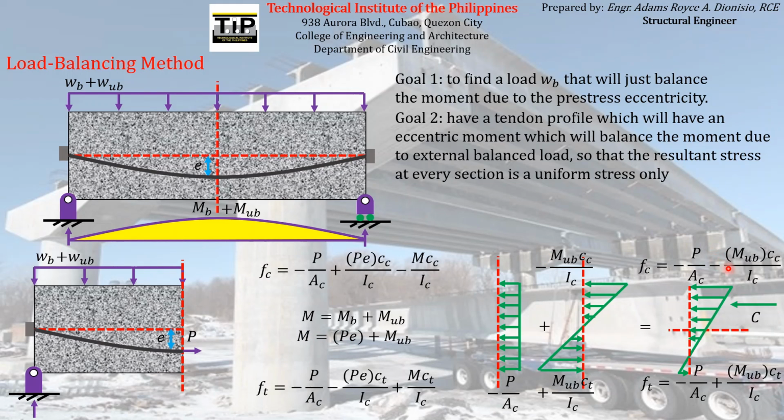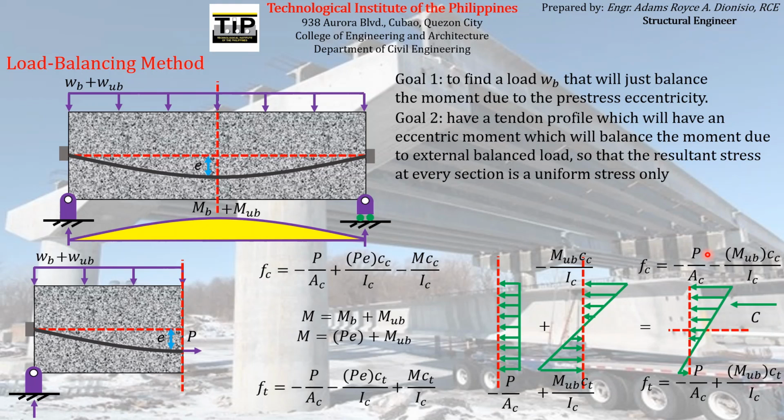With that, we have seen that the formula for the basic concept method and the formula for the load balancing method are actually equal, just seen from a different perspective, just like what we have seen in the case of the C-line method.